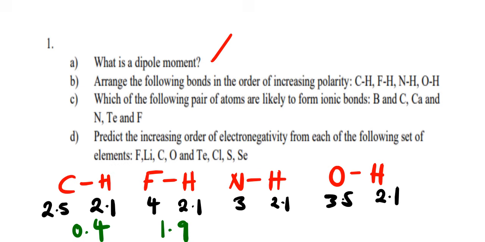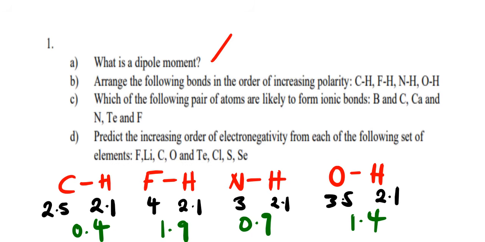Then this one, 3 minus 2.1 for N, I'm finding 0.9. Then the last one, 3.5 minus 2.1, what do I get? I get 1.4. So now that I've got these figures, they are going to tell me which one is most polar and which one is the least polar.